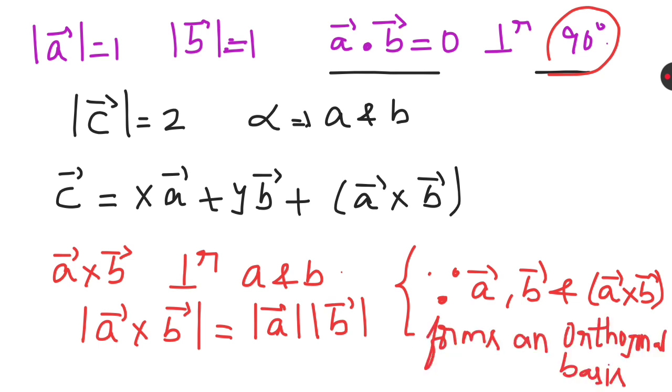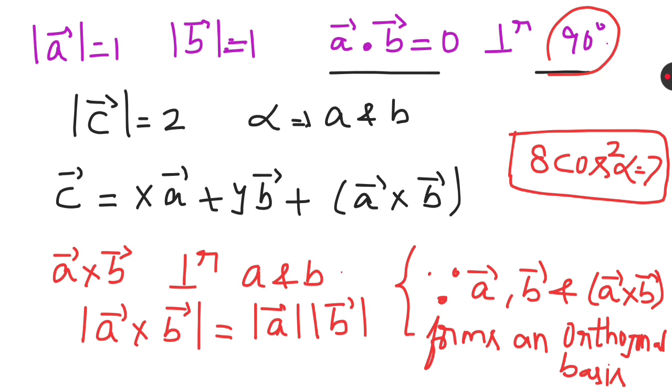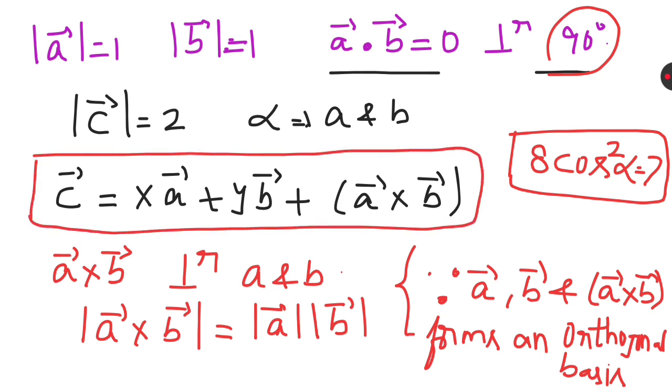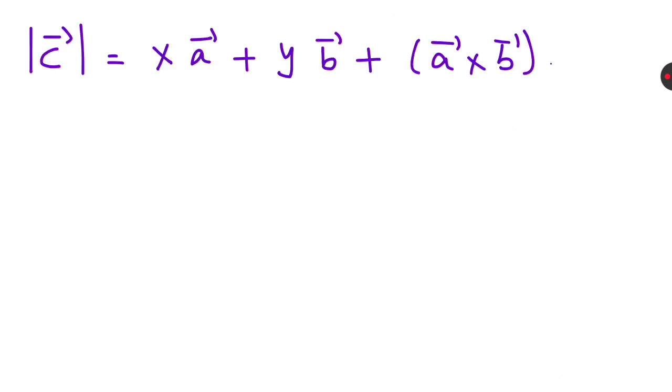So this is what we know. But how can we find 8 cos square alpha? That is the question. For that, take the given vector, the third vector, which is C, and find cos square alpha. In the question we have 8 cos square alpha, which means there is a square, so that's why they gave C. If we square both sides, maybe we can get the answer.